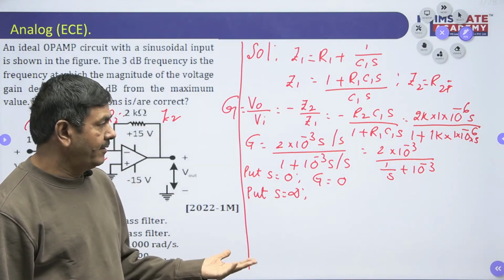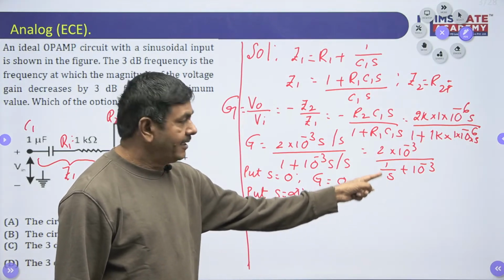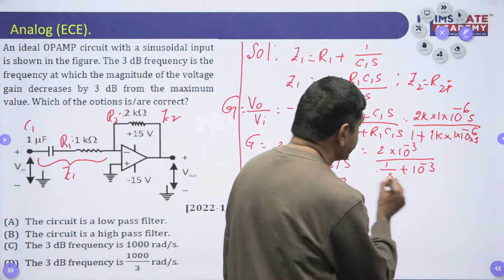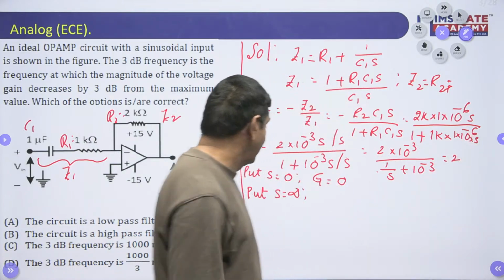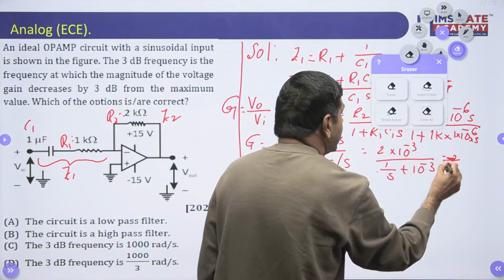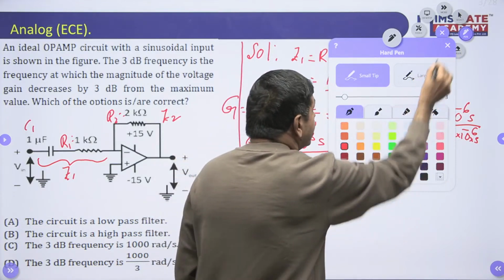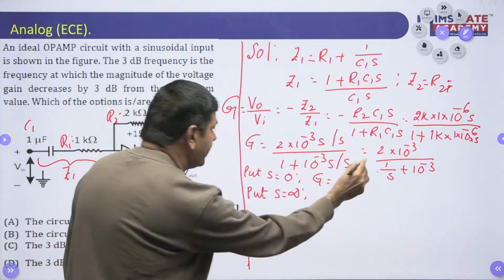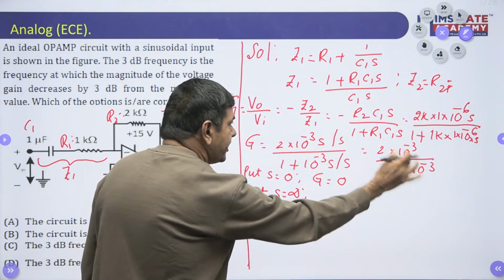Why did I divide? When S equal to infinity, 1 by infinity is 0, so we get a definite number. Putting S equal to infinity here, 2 into 10 power minus 3 divided by 10 power minus 3, the 10 power minus 3 cancels.